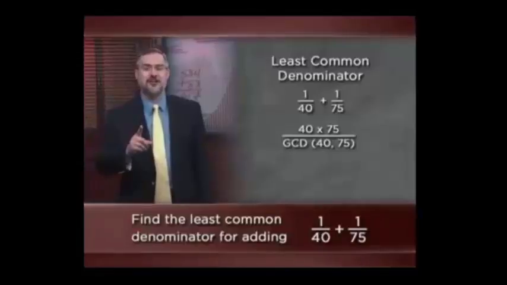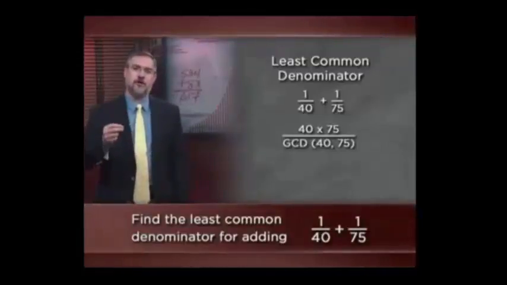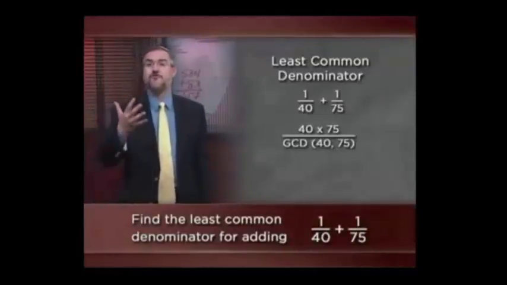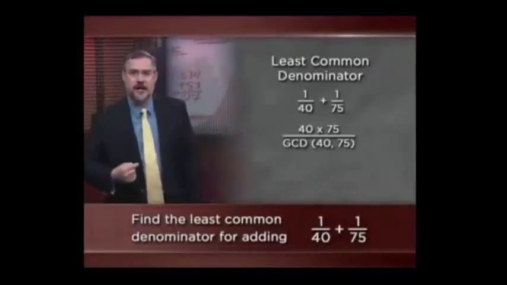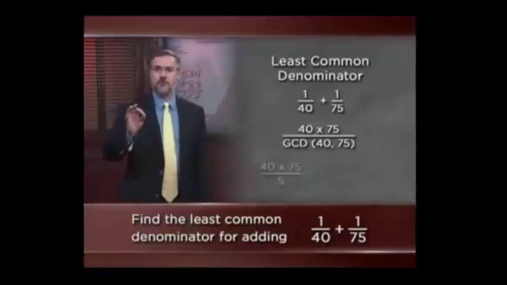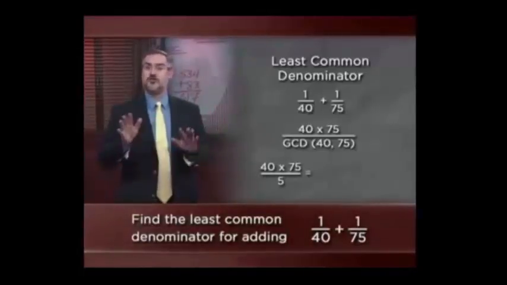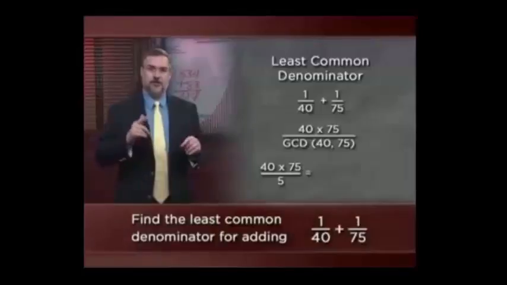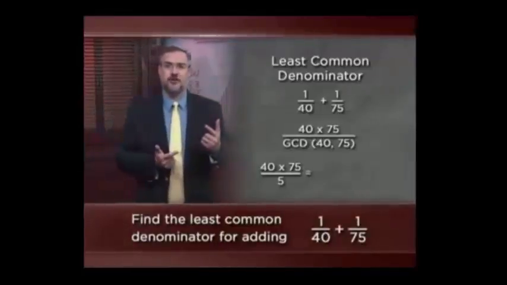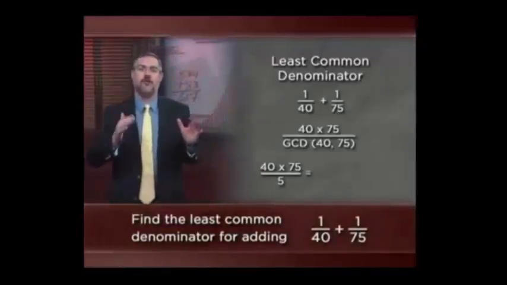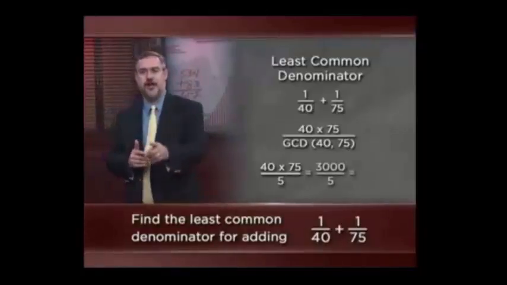And we found a few minutes ago that the GCD of 40 and 75 is equal to 5. So the least common denominator is going to be 40 times 75 divided by 5. Now, we just need to calculate this amount. And we can use our skill in long multiplication of integers to see that 40 times 75 equals 3,000.